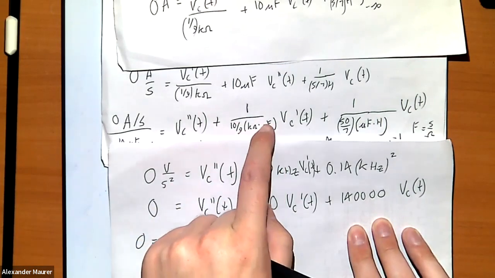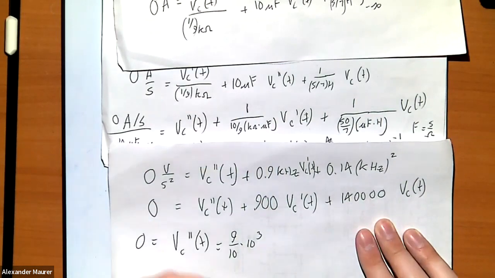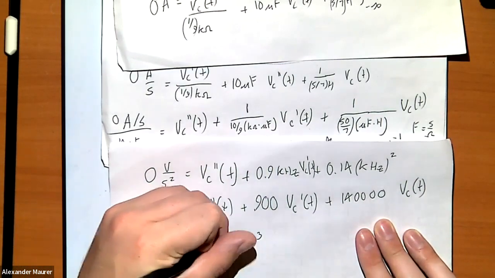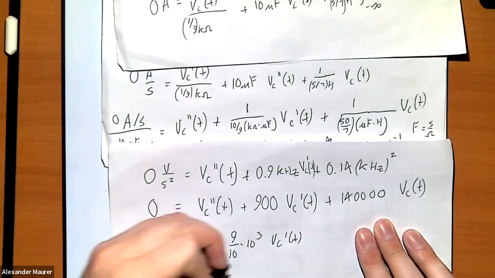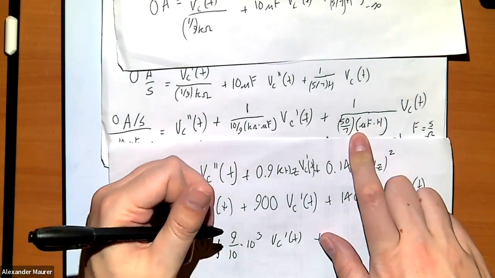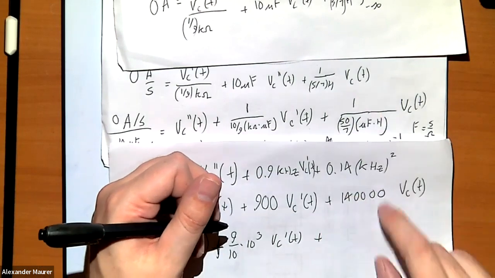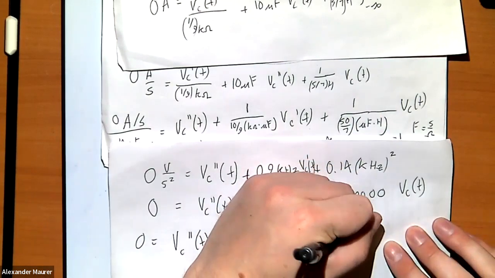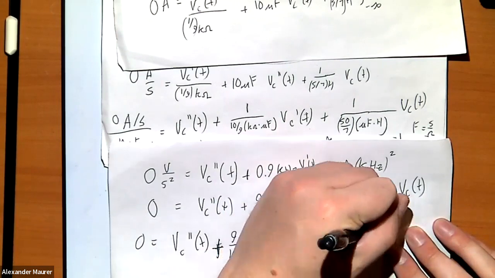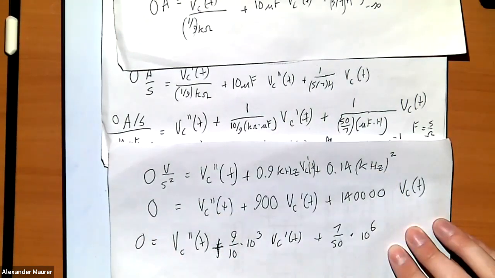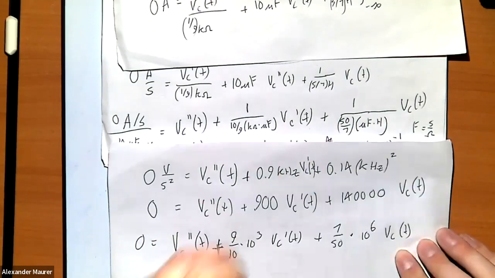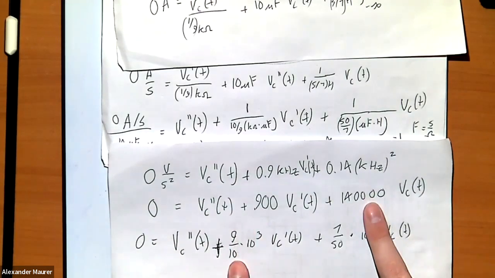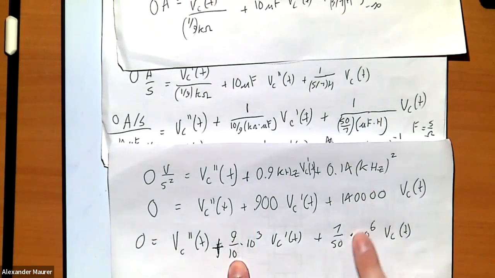So 10 to the minus third in the denominator, 10 to the third on top. Oops, that's plus VC prime of T plus. Down here, there's a micro. So this is going to be 7/50 times 10 to the 6th power VC of T, which leads to these calculations right here.